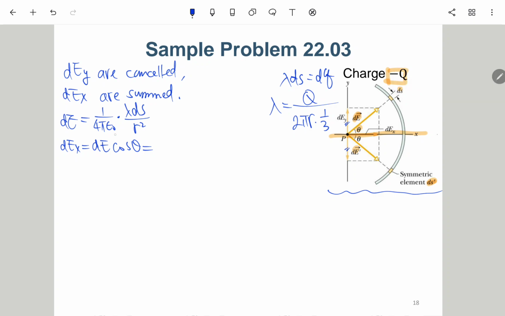So here we have dE to be this one. dE is 1 over 4 pi epsilon naught times lambda ds over r squared. Okay, so this is nothing but dE, and then we have cosine of theta.